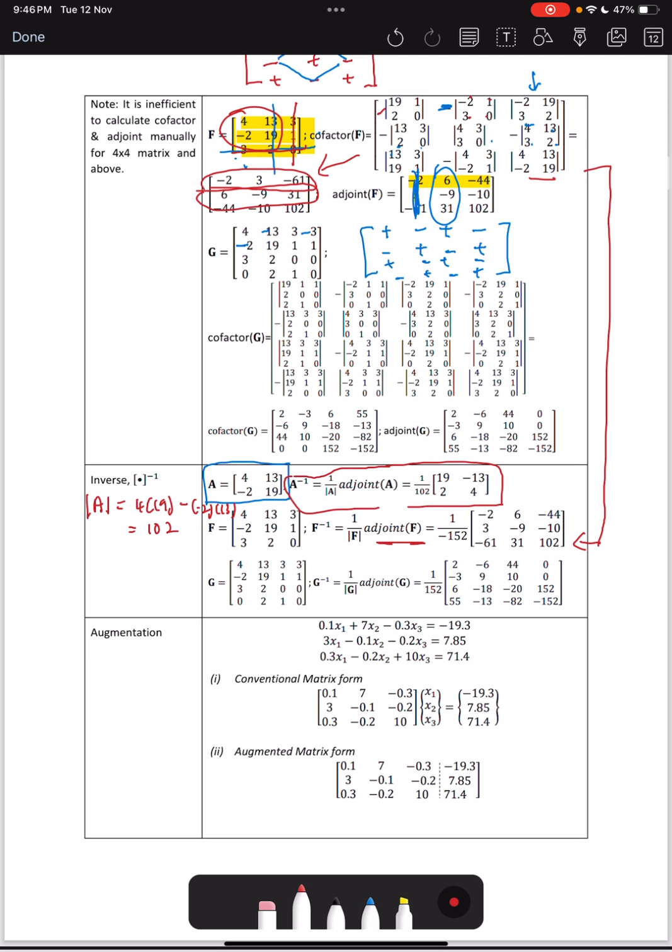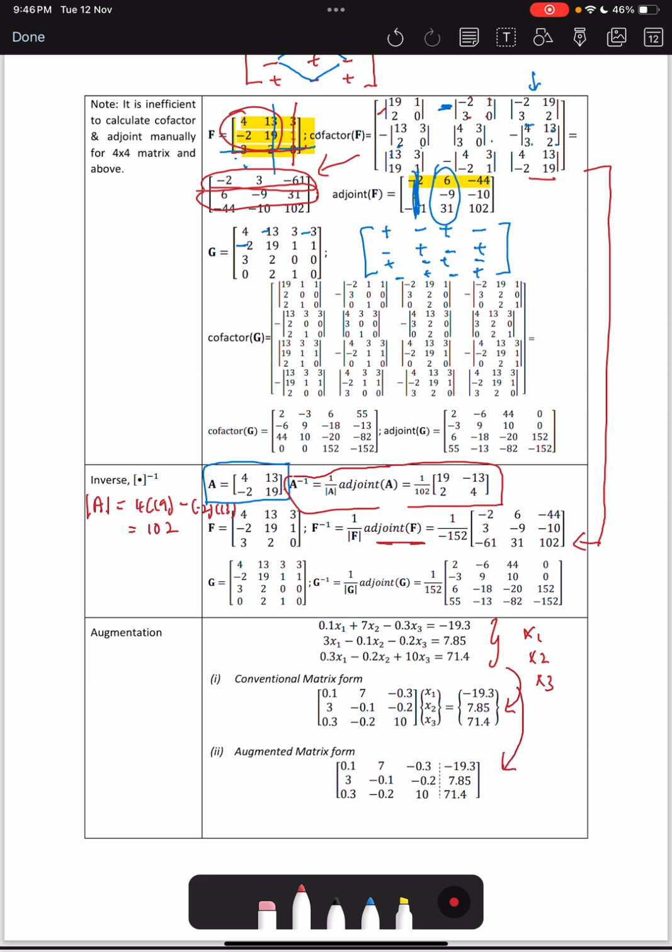And the augmentation of the matrix is given like this. Let's say you have a linear equation of multiple variables like this. You have x1, x2, and x3. This notation of the equation can be transformed into conventional matrix form or augmented matrix form.